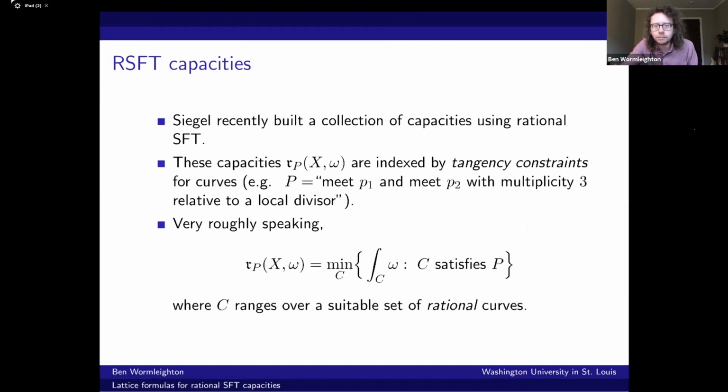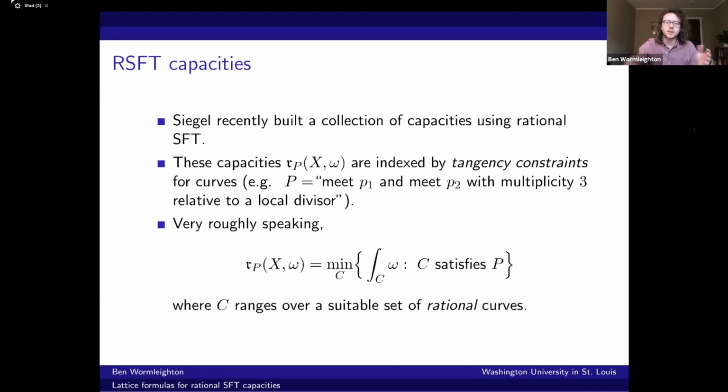So Kyle Siegel recently built a collection of capacities, these obstructions, using rational symplectic field theory. He was inspired by some ideas of Michael Hutchings. And these capacities I'll denote by R sub p of (X, omega). And this p, this index, is a tangency constraint for curves.